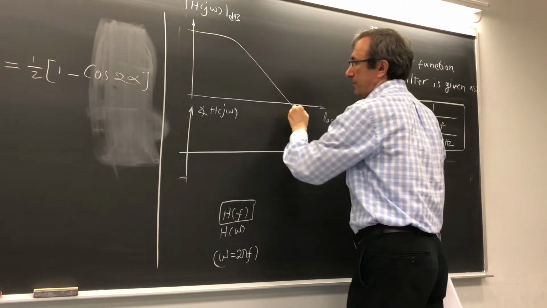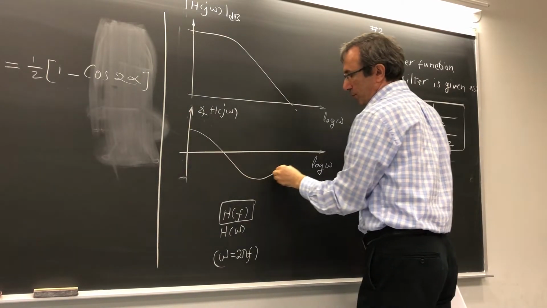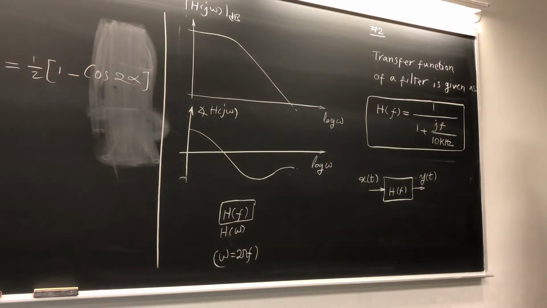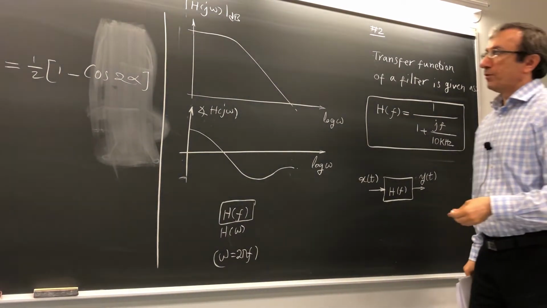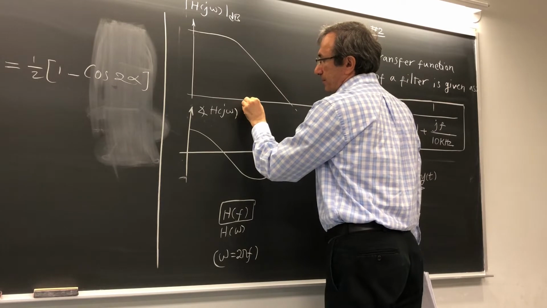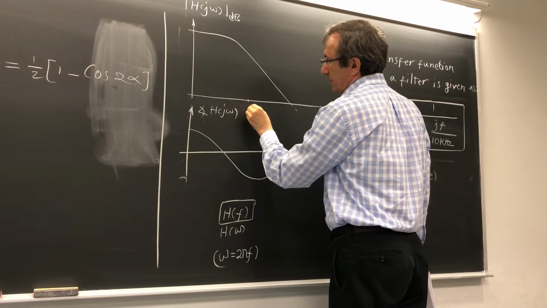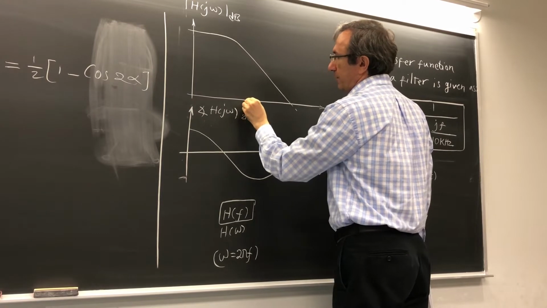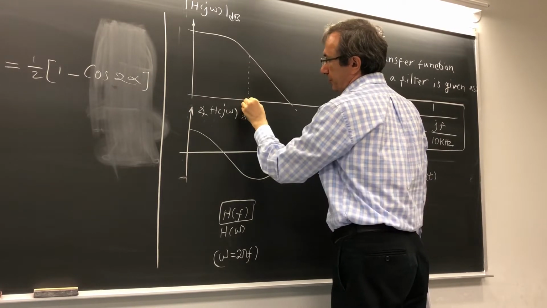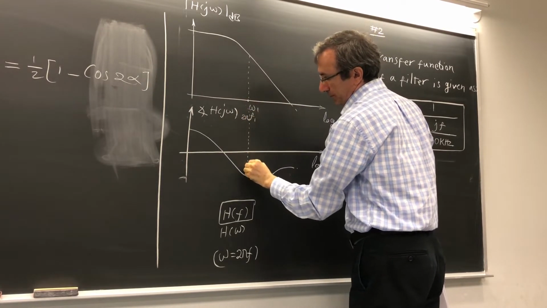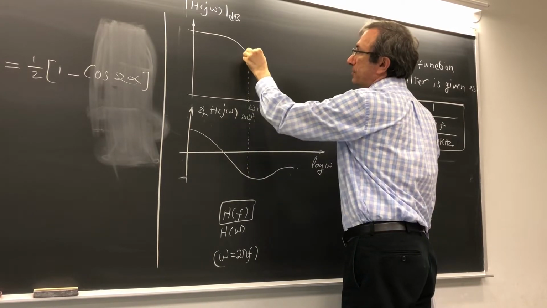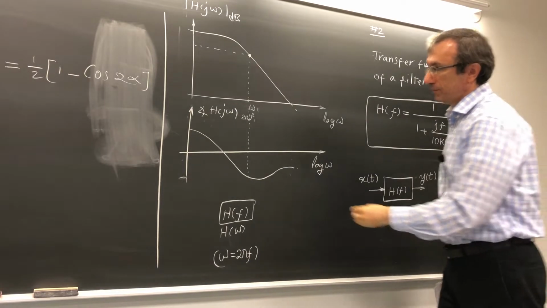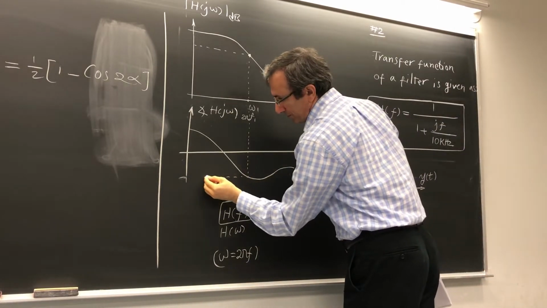For instance, something like this. What does this mean? It means that for a given frequency, for instance omega 1 or 2 pi f1, the transfer function has a certain magnitude and a certain phase.